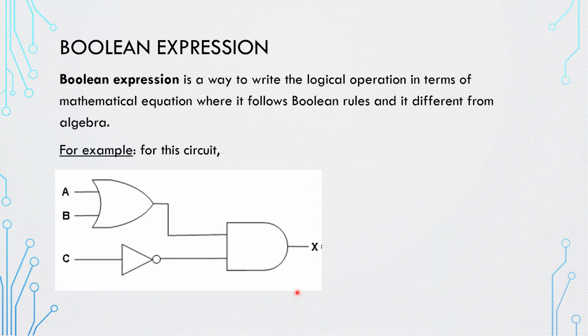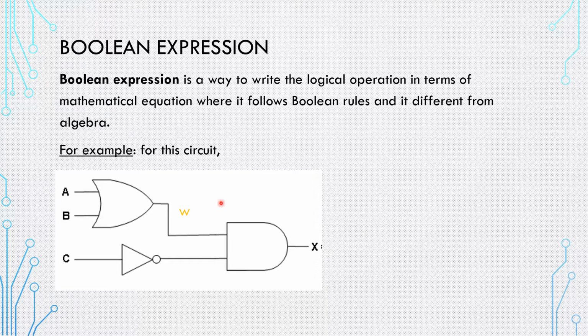So for this circuit, I want to write down the equation that represents the relation between the output and the input. Rather than representing it as a circuit, I want to represent it as an equation. It's easier to study what happens between input and output that way.